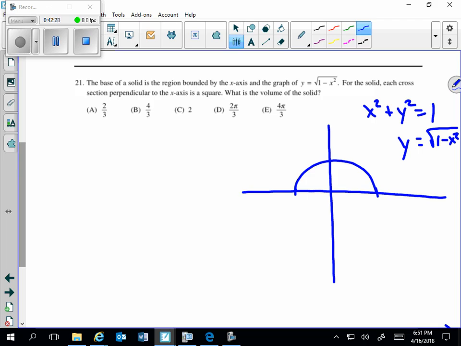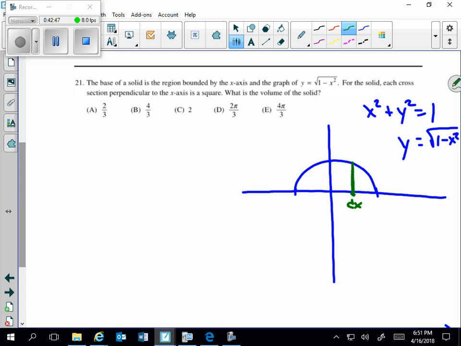For the solid, each cross section perpendicular to the x-axis is a square. So I have this guy coming down here and then comes up off the paper and makes a square. Okay? So these thicknesses are dx thick, and my height is my equation.